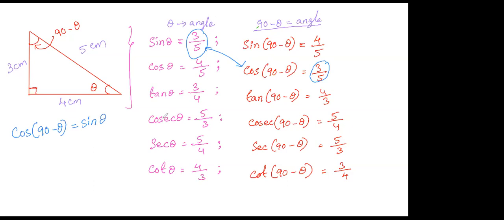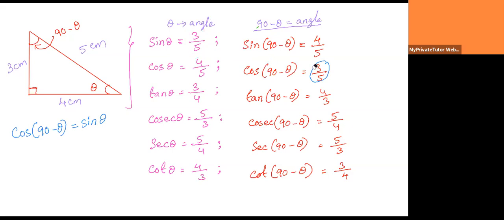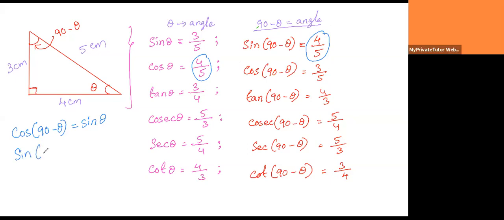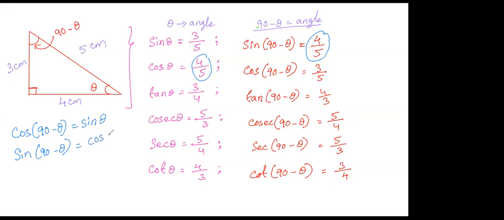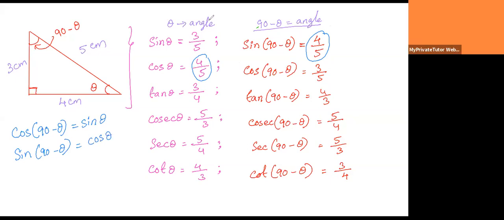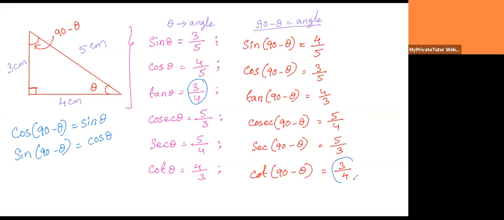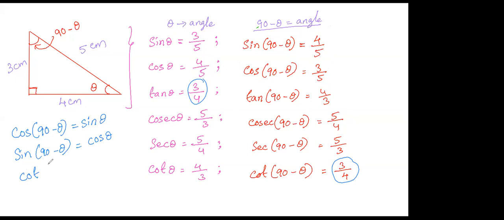Okay? So take the different values. Take the second one, 4/5. You can see here, sine 90 minus theta is the same as cos theta. Let's go for the next one, 3/4. You can check it down here, which is cot.